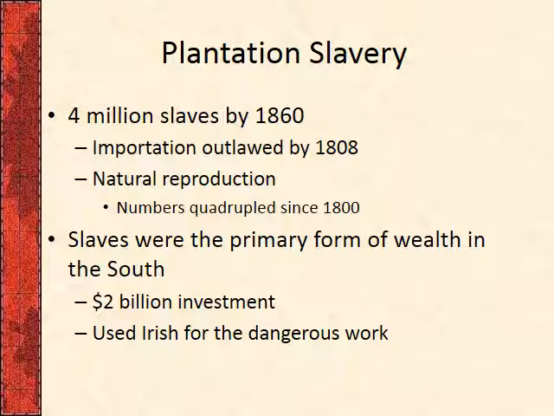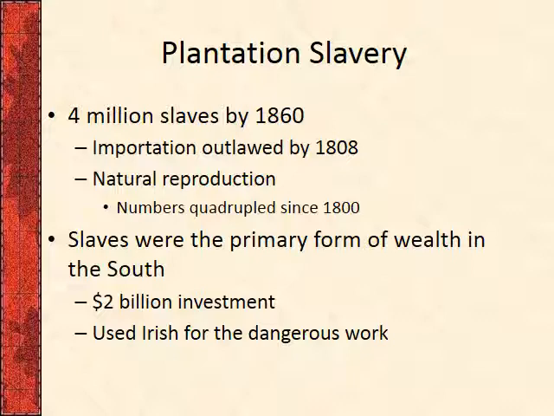So, here are some numbers for you. There are approximately 4 million slaves in the South by 1860. This is despite the fact that there are less than 1 million slaves in 1800, and the importation of slaves is outlawed by 1808. So where are we getting all these slaves from? We're getting them from natural reproduction. Now, I should say, even though the importation was outlawed in 1808, there still was a large amount of smuggling.